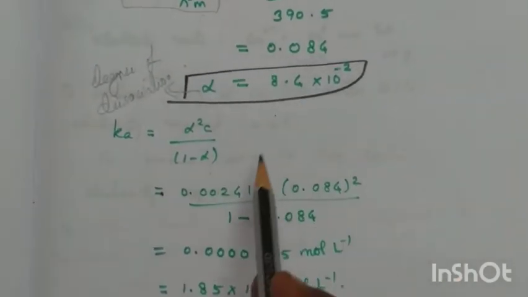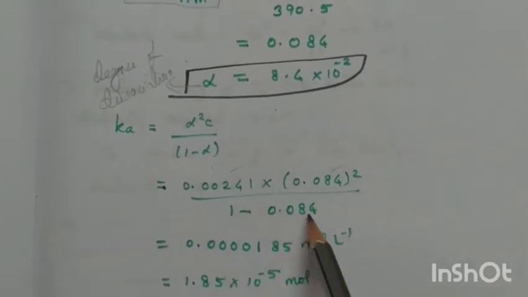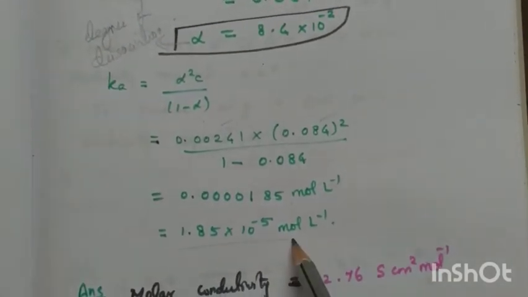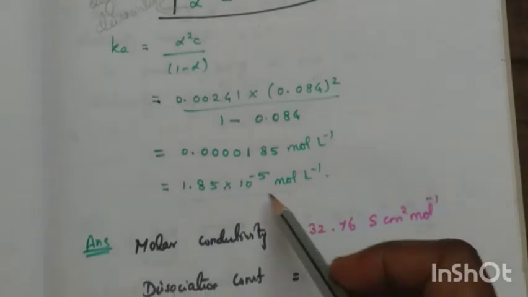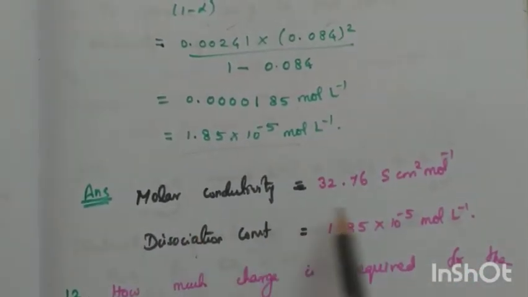We get the alpha value, and with the concentration, we get this value. By simplifying, we can write this as 1.85 into 10 power 5. Now we have found the molar conductivity value as well as the dissociation constant.